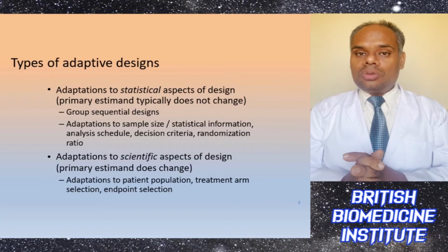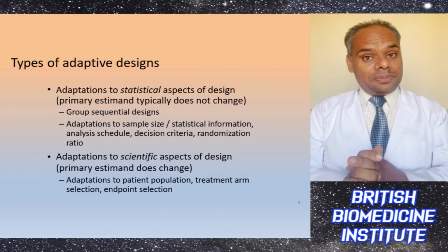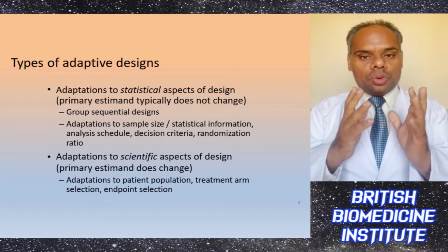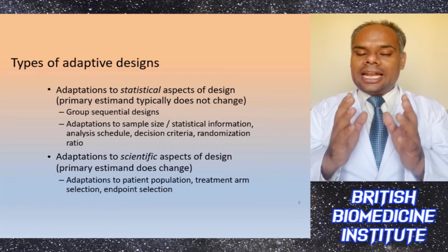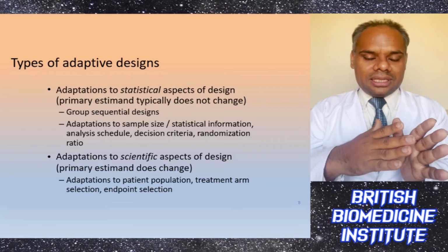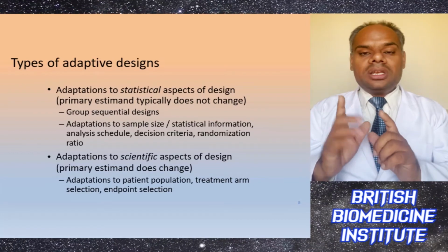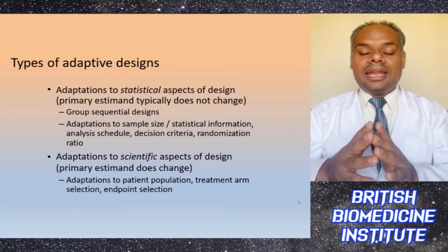And there can also be adaptation to the scientific aspect of design, like your primary estimate, which can change, like adaptations to the patient populations, treatment arm selection and endpoint selection.